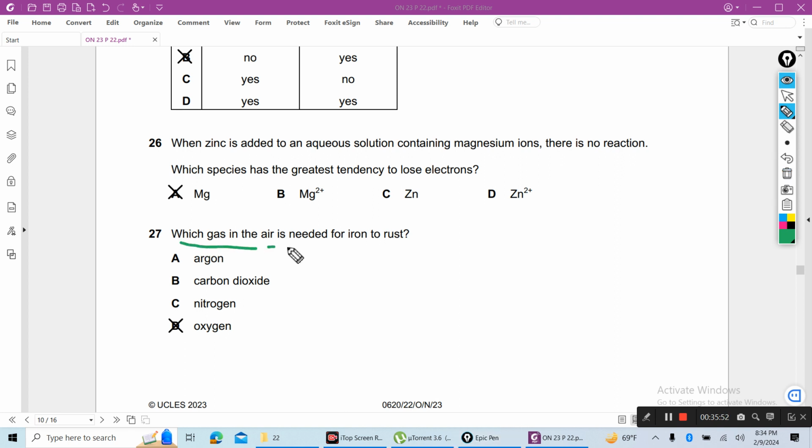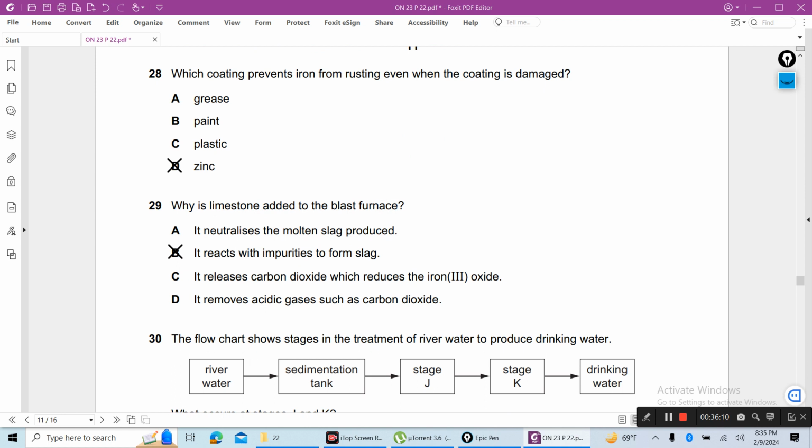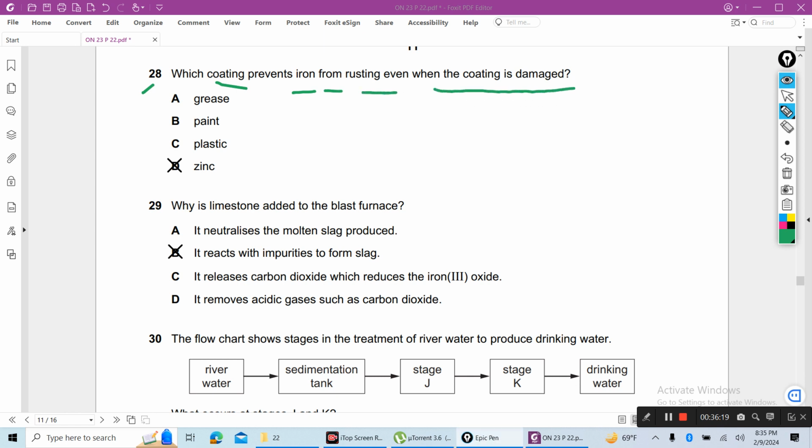Which gas in the air is needed for iron to rust? Oxygen gas, a common question, easy. For rust, oxygen gas and water are needed. Which coating prevents iron from rusting even when the coating is damaged?